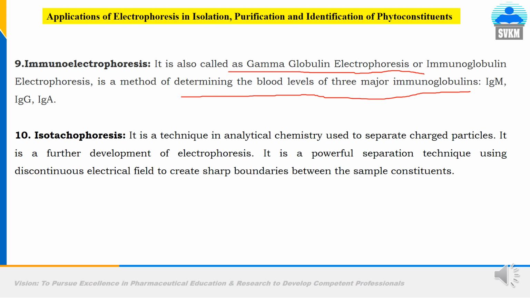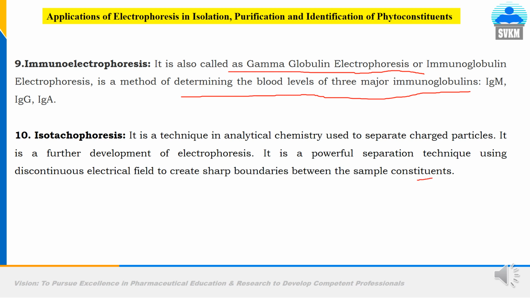Isotachophoresis is the tenth type of electrophoresis technique. This technique, employed in analytical chemistry, is used to separate charged particles. It is a further development of electrophoresis. It is a powerful separation technique using a discontinuous electric field to create sharp boundaries between the sample constituents.